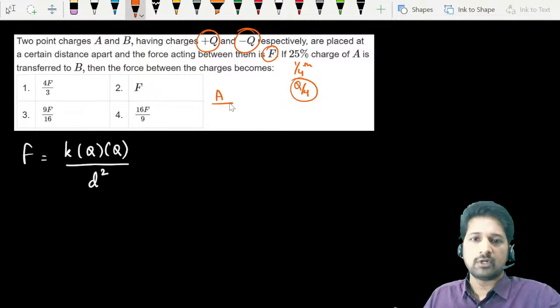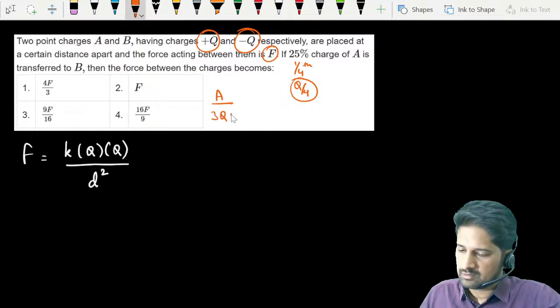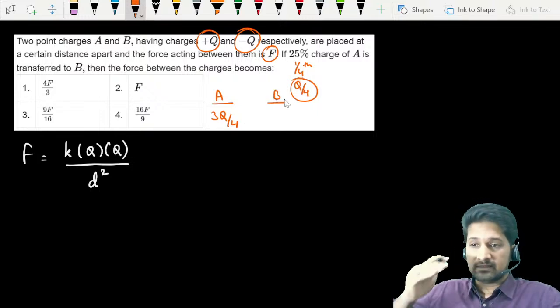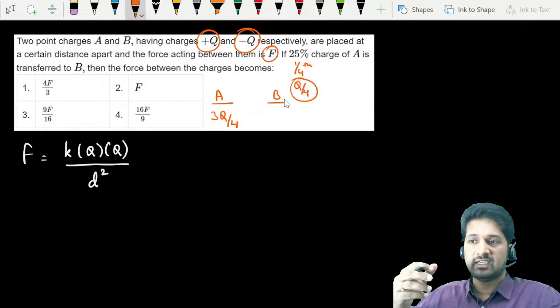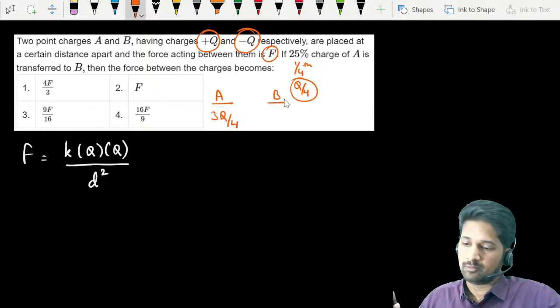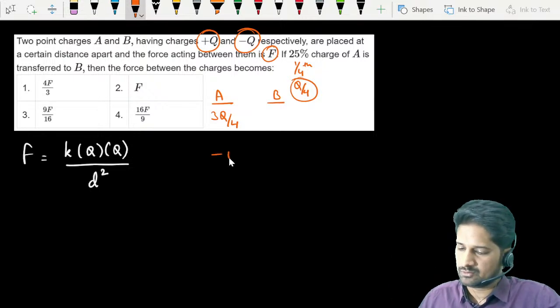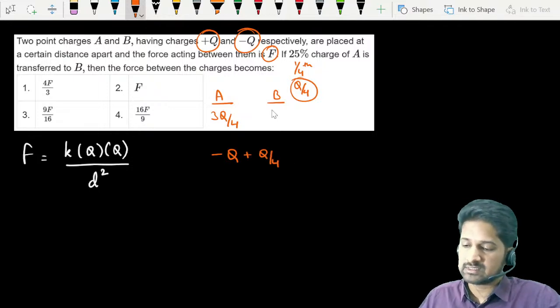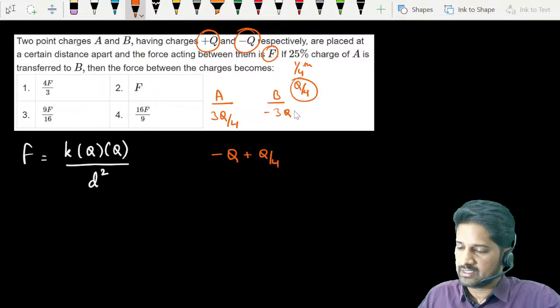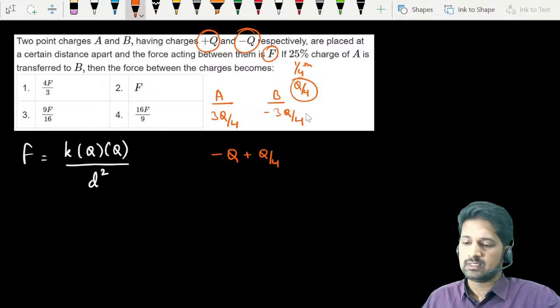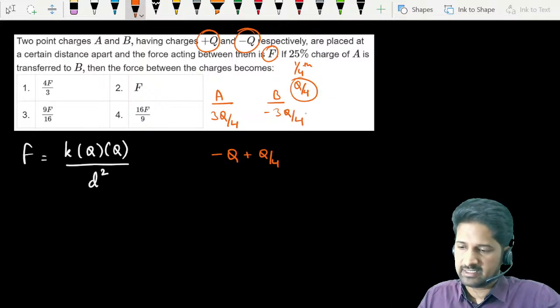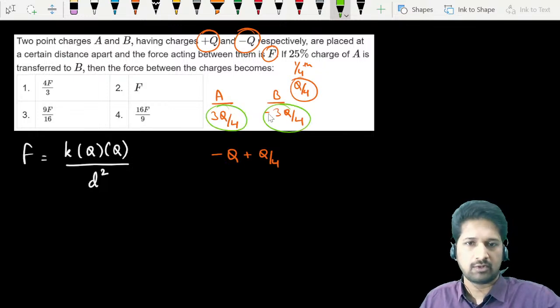From Q, if you remove Q by 4, the charge left on A will be 3Q by 4. And that Q by 4 which is removed from A is given to B. Now B already had a charge of minus Q. You are adding a charge of Q by 4 on it. Then what does the charge of B become? Minus 3Q by 4. So after the charge rearrangement, the final charges are 3Q by 4 and minus 3Q by 4.